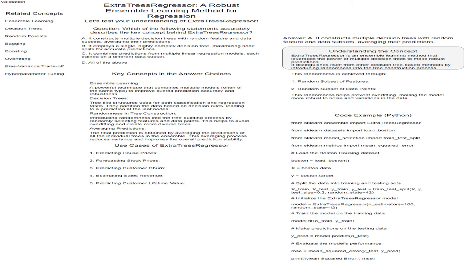Ensemble learning is a powerful machine learning technique where multiple models, often of the same type, are combined to improve overall prediction accuracy and robustness. By combining the strengths of individual models, ensembles can overcome the limitations of single models and achieve better generalization performance.